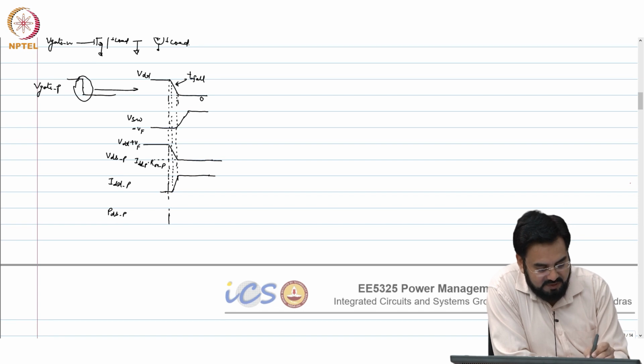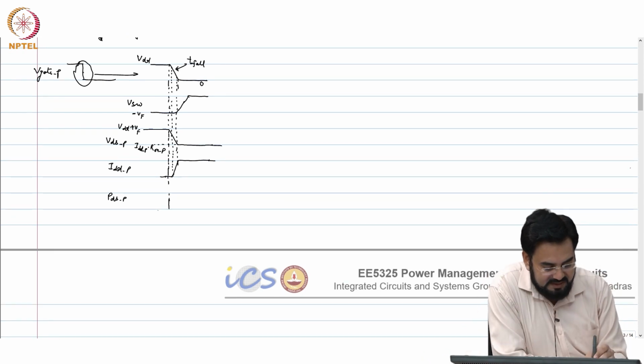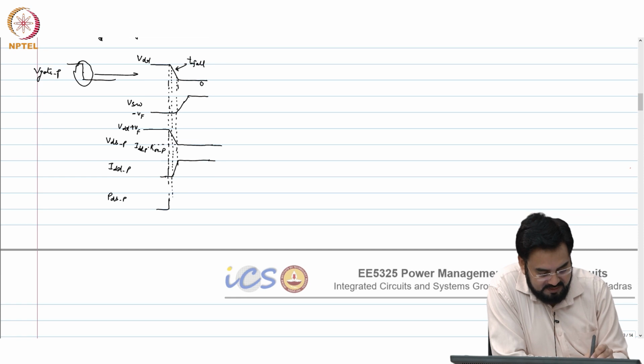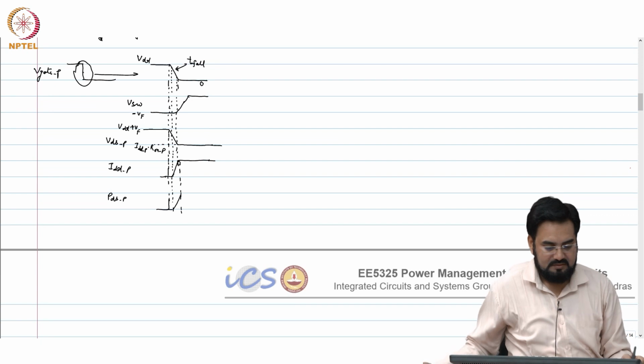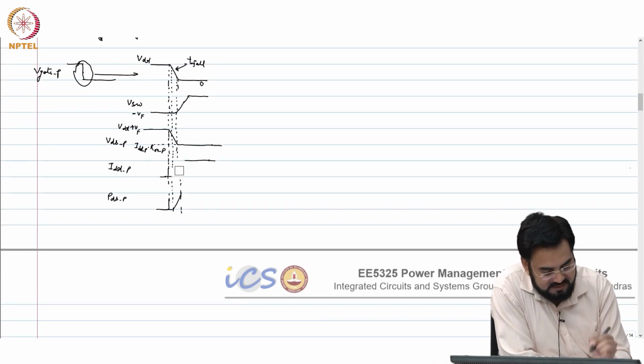The current is, so voltage is dropping here, current is rising here. So, the current is 0 here, it will remain 0. So, at this point it will start rising and it will peak somewhere here. Okay. No, sorry, I think this is not correct.